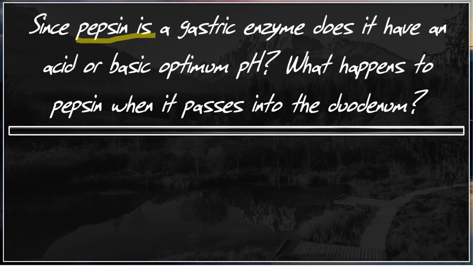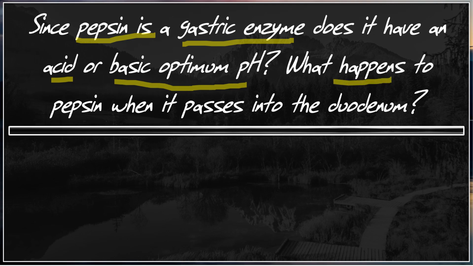Since pepsin is a gastric enzyme, does it have an acid or basic optimum pH? What happens to pepsin when it passes into the duodenum?